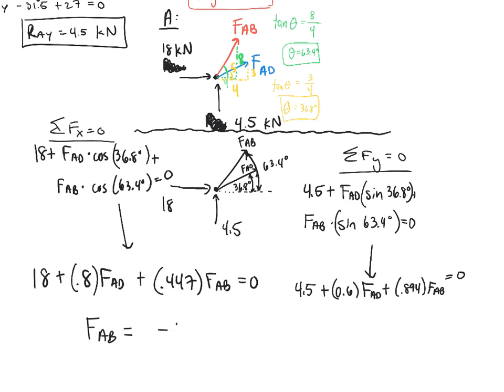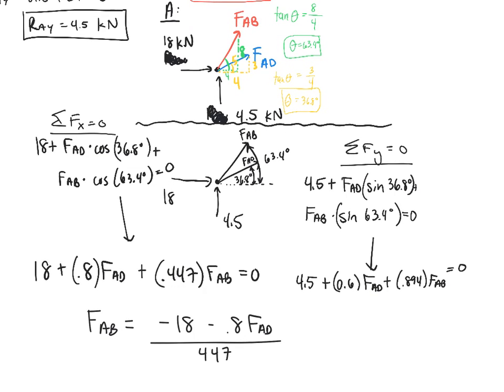FAB will be negative 18 minus 0.8 FAD all over 0.447. Okay, if it's not clear to you, you've got to work on algebra skills a little bit. This is not a hard thing to do.